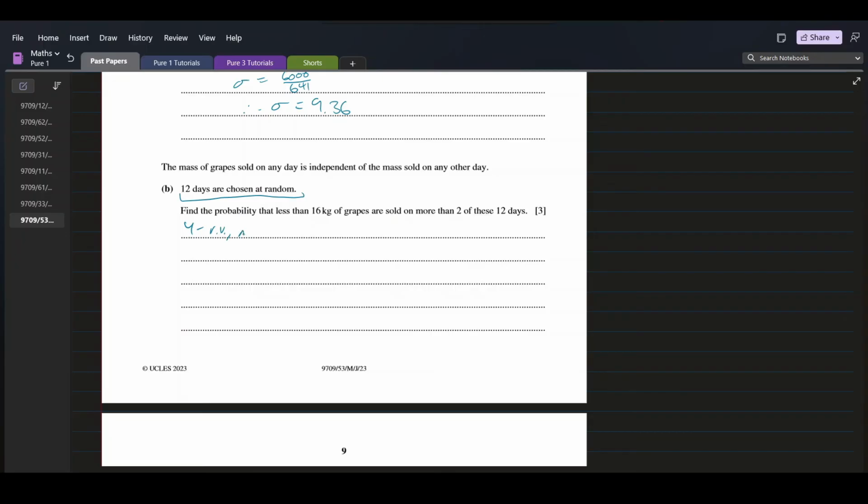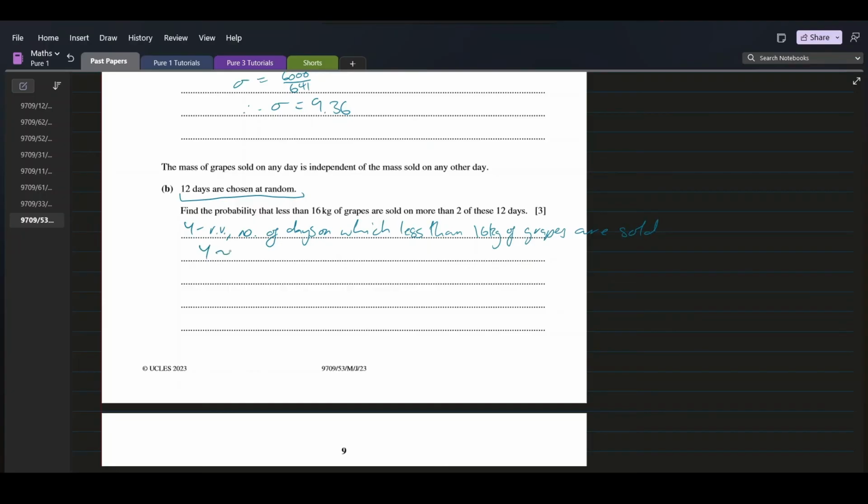Okay, so we know that Y represents the number of days on which less than 16 kgs of grapes are sold.